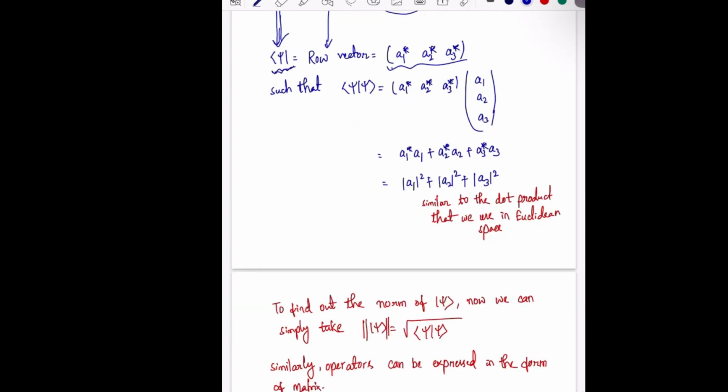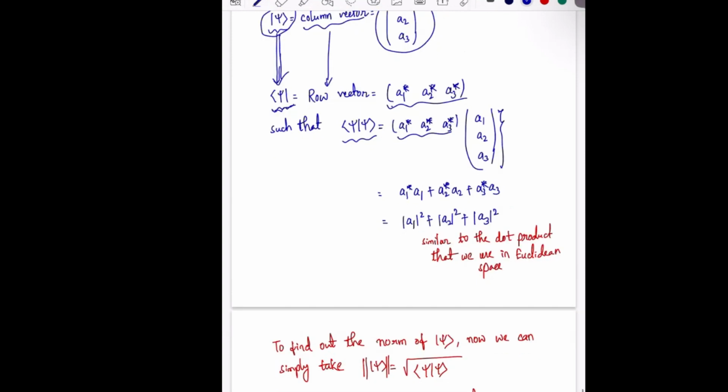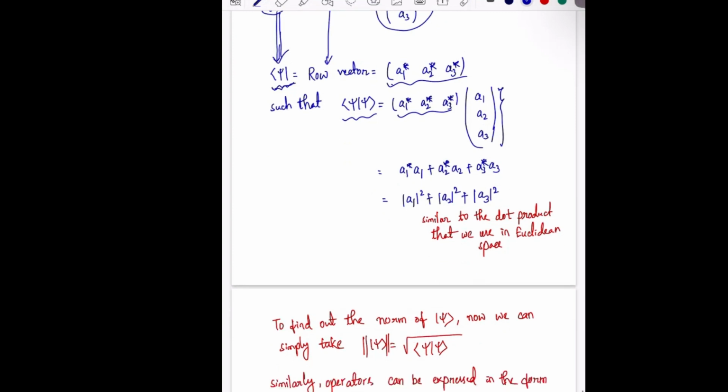So now if you take the inner product, it is nothing but the product of a row vector and a column vector. If you multiply it, it simply becomes a1 star a1, a2 star a2, and a3 star a3.